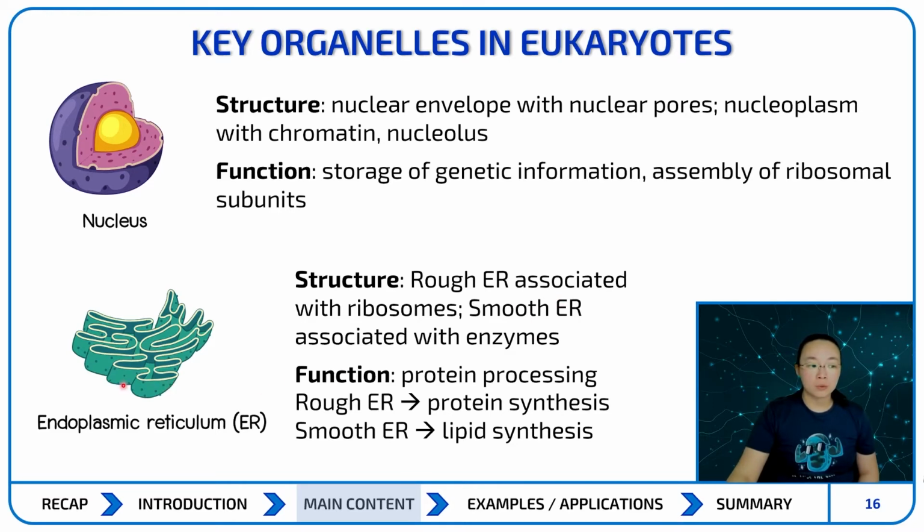In a smooth ER, you don't have any of this. You still have those membrane-bound sacs and tubes, but your smooth ER will not have them, and therefore it's going to rather participate in the synthesis of lipids because it contains various enzymes for lipid production.